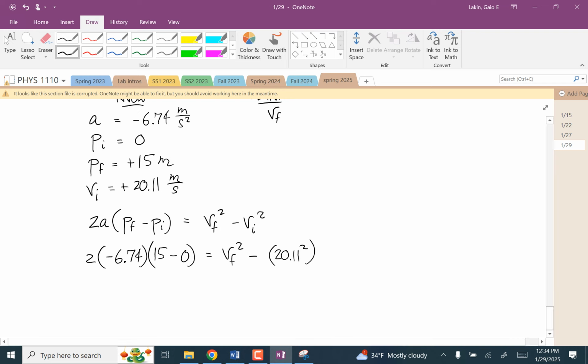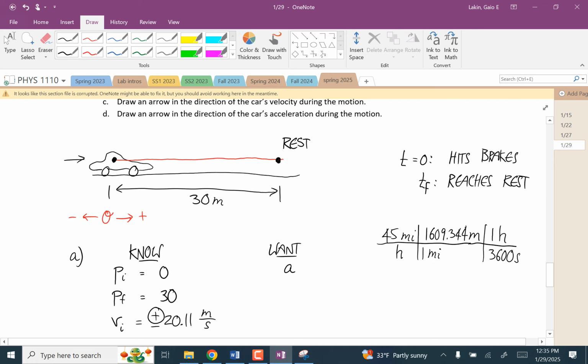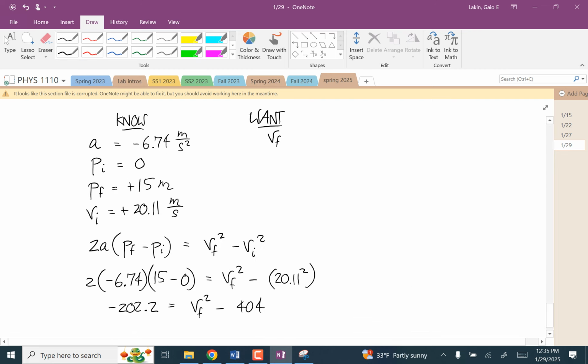So if you multiply this first stuff all together, you get negative 202.2 is equal to VF squared minus 404.69.